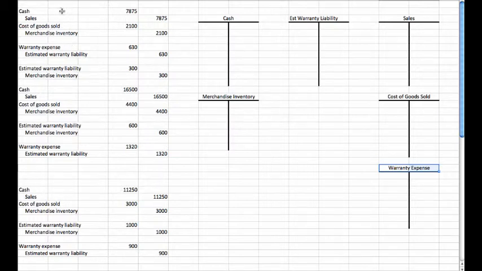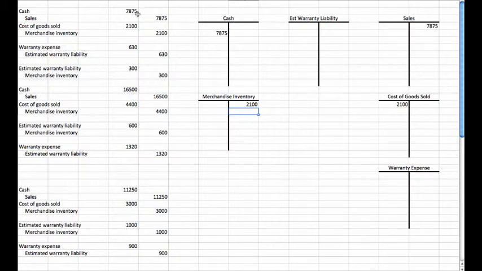Up here where we have debit cash, credit sales, we want to debit the cash by $78.75. We need to credit sales by $78.75. We need to debit the cost of goods sold by $2,100. And we want to credit merchandise inventory by $2,100.